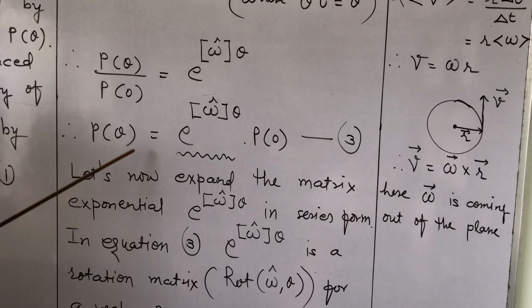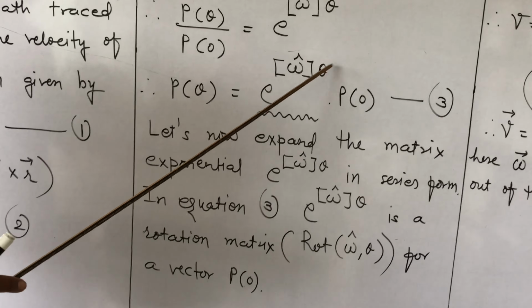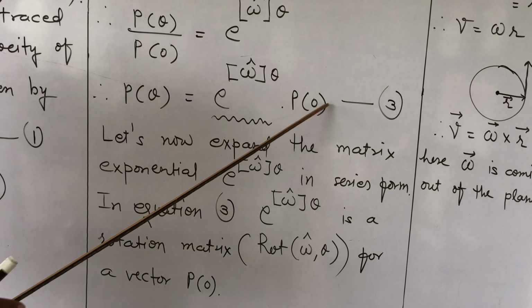So p of theta equals e raised to skew symmetric omega cap theta into p of 0, the initial position vector. This is equation number 3.